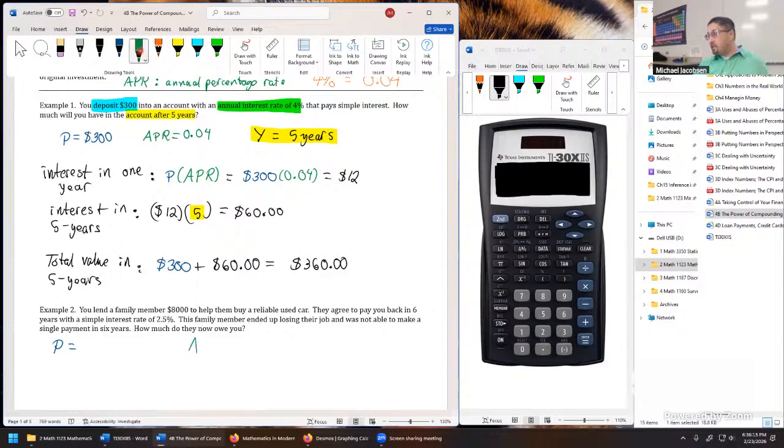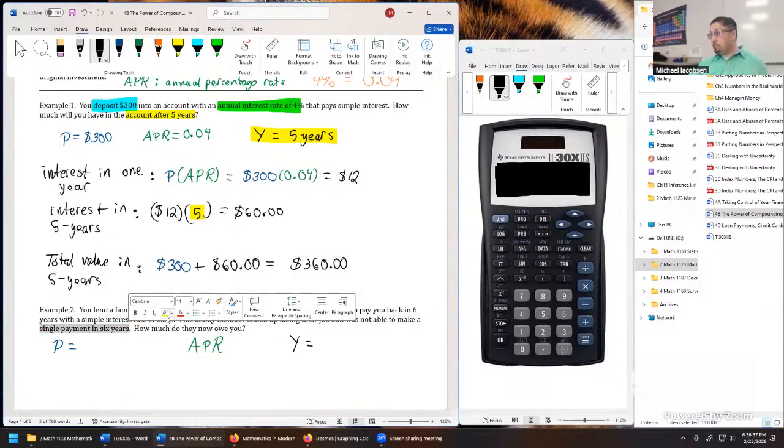We're going to need an APR. And we're also going to know the term length that's implied in this problem. It talked about family member ended up losing their job, was not able to make a single payment in 6 years. And how much do they now owe you? That assumes 6 years later. So that would be the term length of 6 years in this problem.